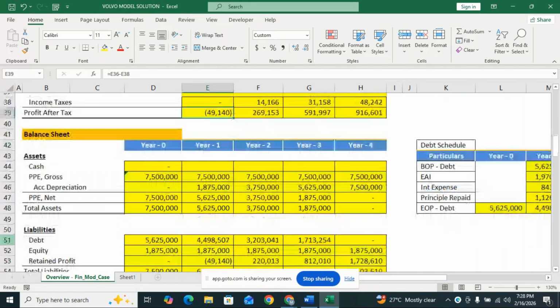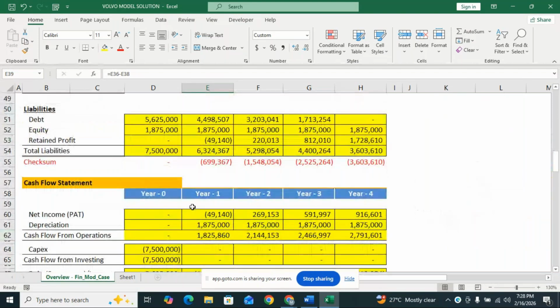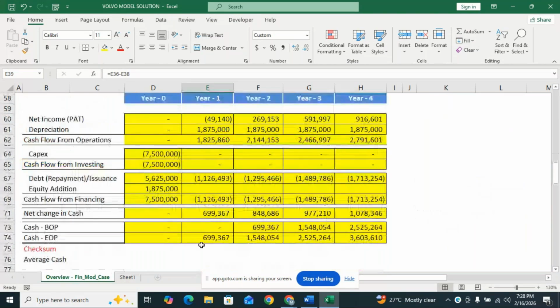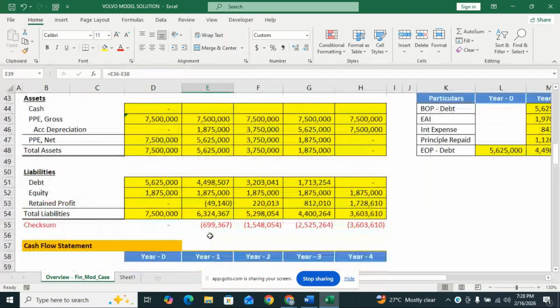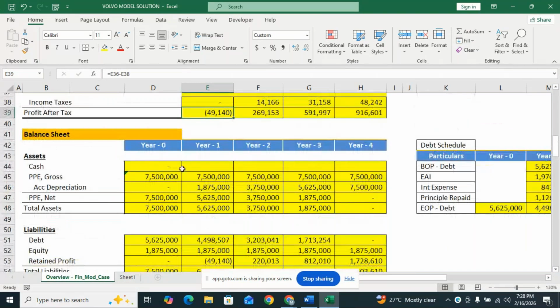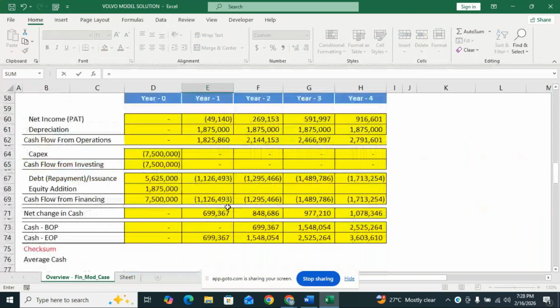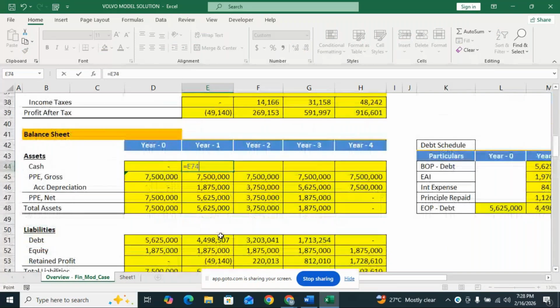Now here you have to update your closing cash balance in your balance sheet, which you always prepare, right? So for year one, equals, just take the cell reference, that's all. And for the rest of the years, you can just hold the values.